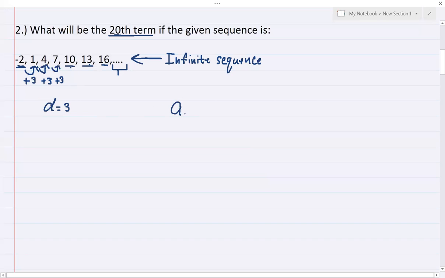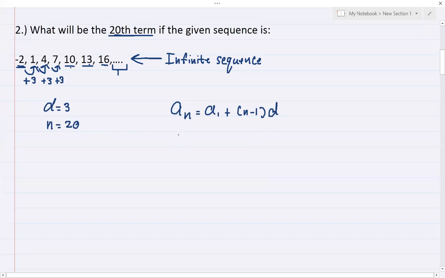So this is a sub n is equal to a sub 1 plus quantity n minus 1 times d, your common difference. Since you're asked to find the 20th term, your n should be 20.